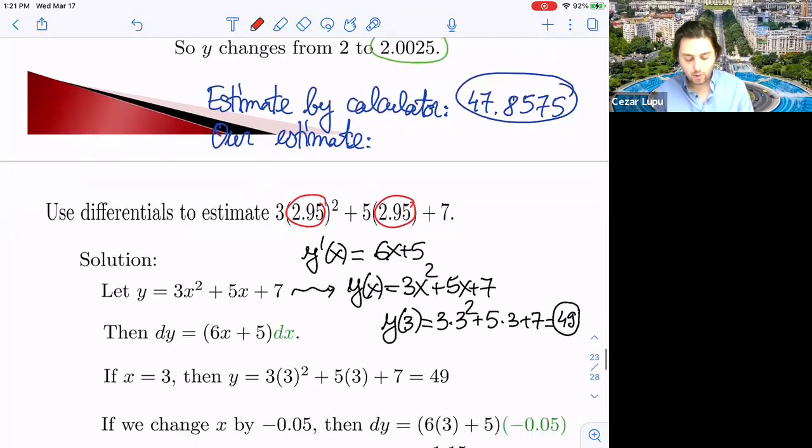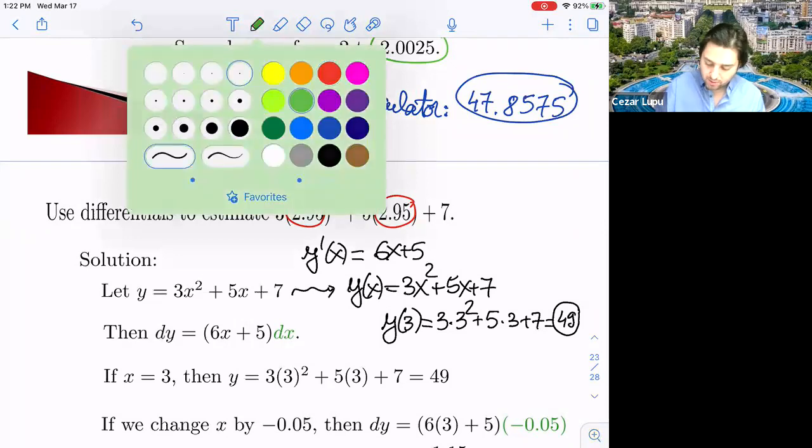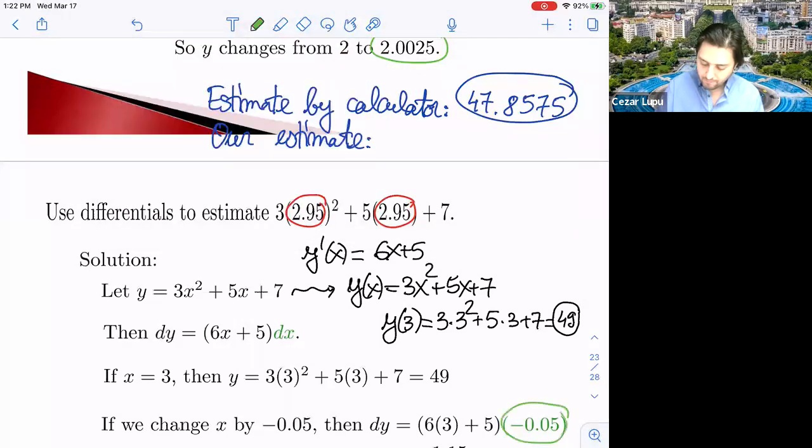Okay, so if we change x by a negative amount, right, because it changes from 3 to 2.95, so it will be negative, right? Then we can compute dy, and we're just going to replace dx by this. So dx, the change, will be just replaced by this guy.